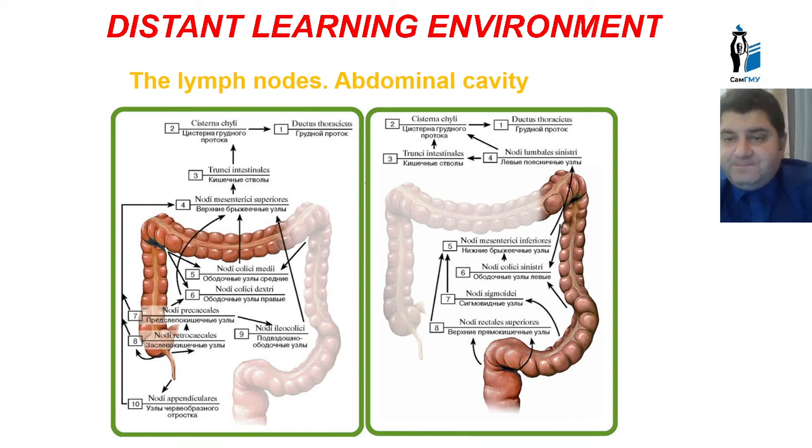From the left part of the colon and sigmoid colon, lymph passes to sigmoid nodes, left colical nodes, to left mesentery inferioris nodes, and next it passes to the intestinal trunk and also to lumbar nodes, and next it passes to the thoracic duct.